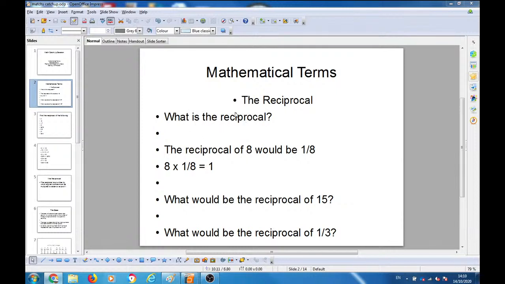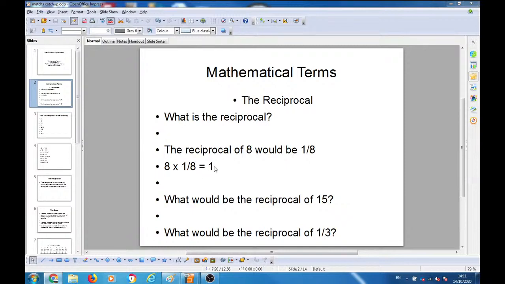It's not very hard to understand. The reciprocal is basically any number that can be multiplied with another number, and the result is going to be 1. We've got an example here. The reciprocal of 8 would be 1/8. If you take 8 and multiply it with 1/8, the answer is going to be 1.